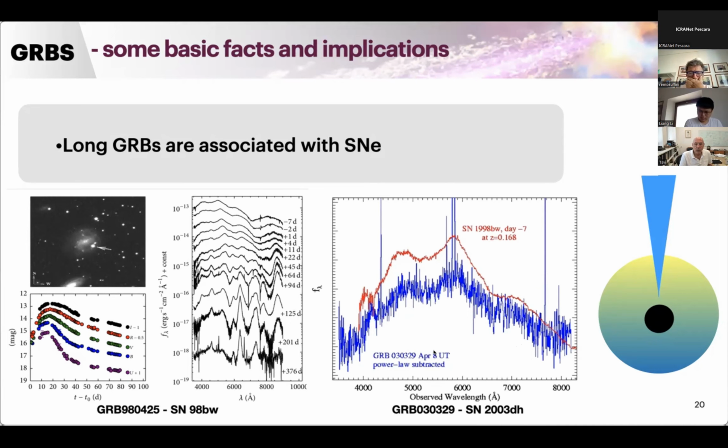As Udi discussed, the jet has to drill through the star. It slows down in this process and it takes time. We heard the details from Udi, so I will not discuss it. This is a recent simulation that we have done, but we have seen many simulations like this.